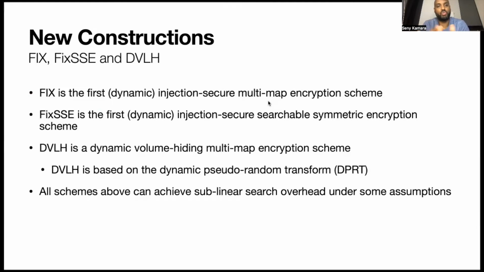In order to do this, we have to design a few different building blocks, and one of them is a dynamic volume hiding multimap encryption scheme, which we call DVLH. And that itself is based on a dynamic pseudo-random transform, which we call DPRT.